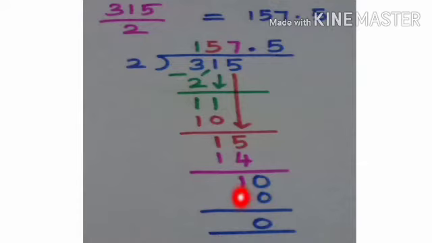So it becomes 10. Now 10 is divisible by 2 5 times. So put 5 in the quotient. So the answer is 157.5.